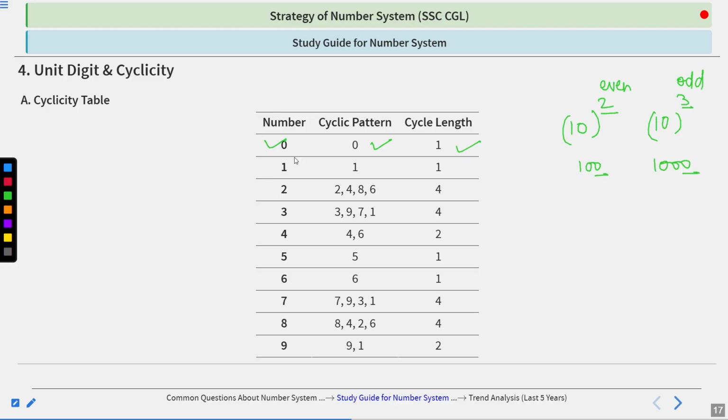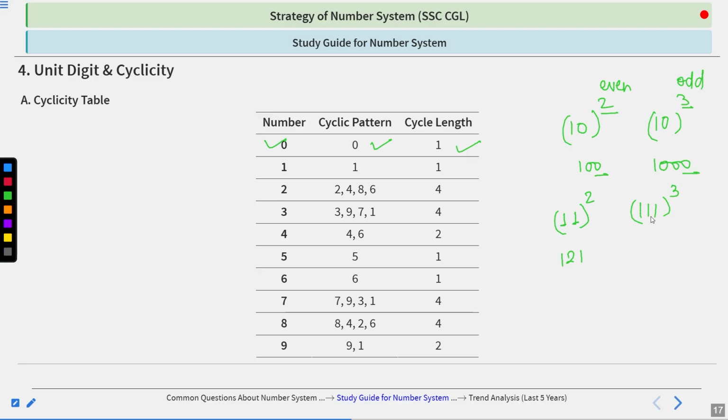Now we move to 1. When the unit digit of any number is 1 and we take the square or cube, 11 squared is 121.